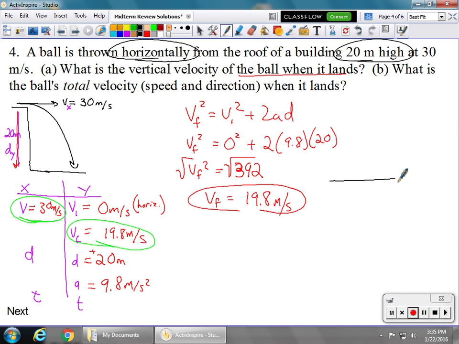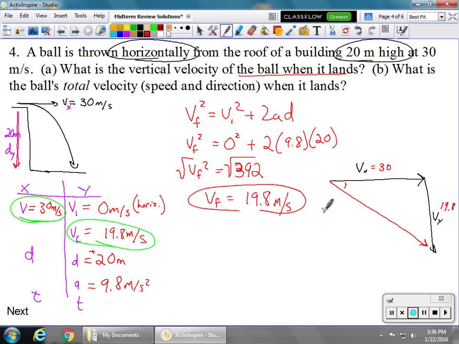So you're going to make your triangle with your v in the x direction first. We're going to put in our v in the y direction second. The resultant velocity is going to be here, completing our triangle, the hypotenuse, and it's going to be at some angle below the horizontal. Our v in the x direction from our table was 30, and in the y direction it was 19.8.